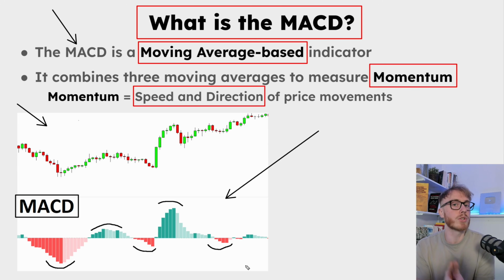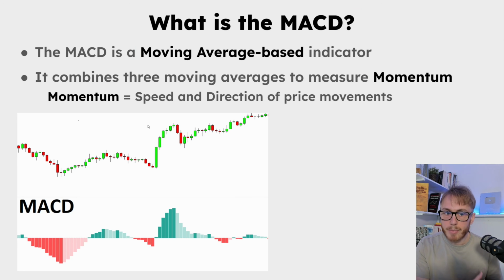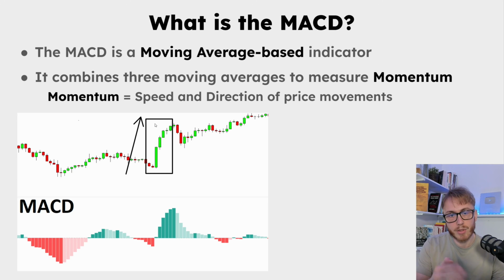But what I want to show you guys with this example right here is how momentum affects the price. So remember, momentum is both the speed and direction of the price. So when we take a look at this chart right here, we can, for example, see that we have a price movement with these three candles that shows a very sharp movement towards the upside.